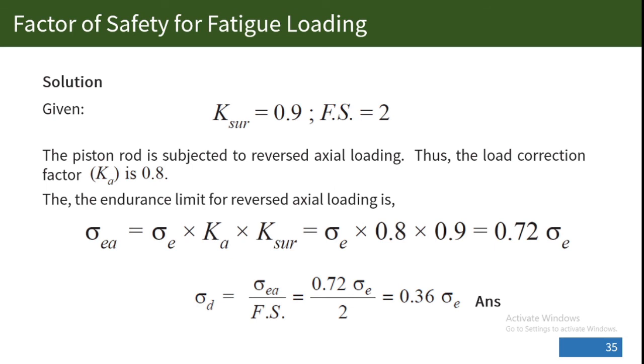And these different factors are usually taken with definite values depending on the type of loading, if it may be bending, axial, or torsional or shear loading. Alright, and next, I also discussed the relation between endurance limit and the ultimate tensile strength. Thus, we have some empirical relations between the endurance limit and the ultimate tensile strength. We also discussed the factor of safety for fatigue loading.